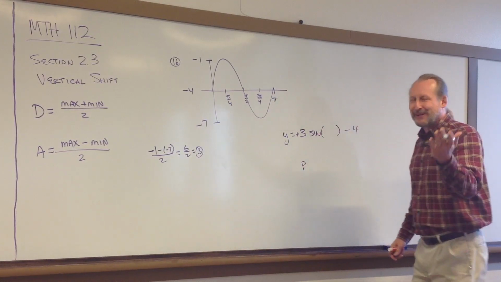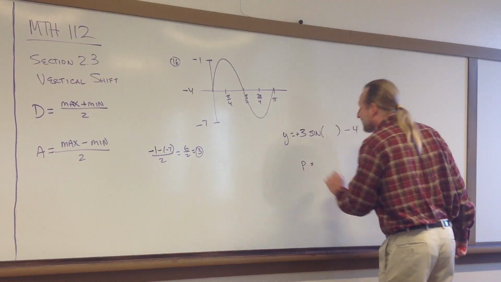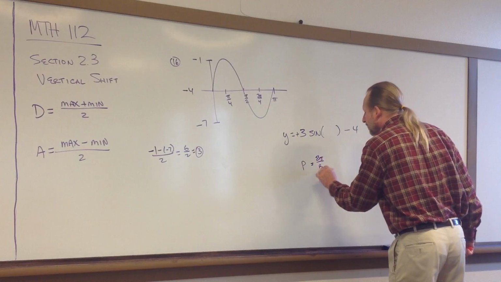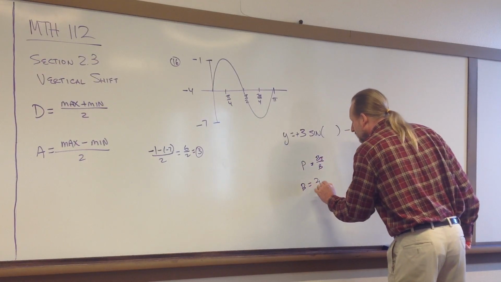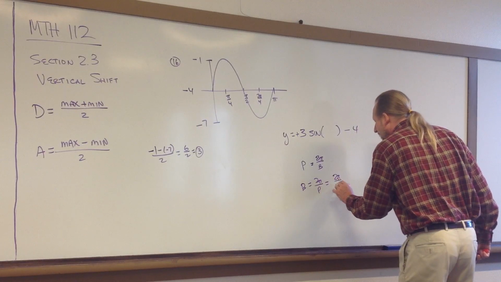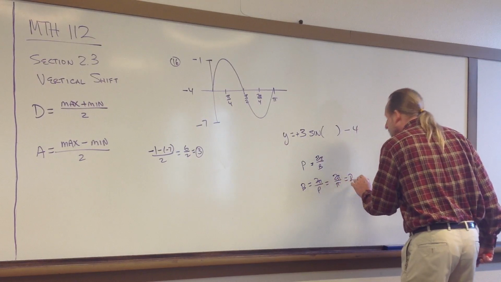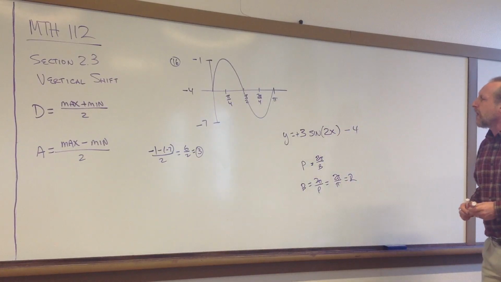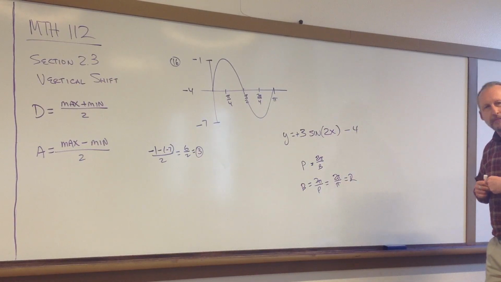Again, we can think about it intuitively, or we can use a formula. The period is 2 pi over B, so B is 2 pi over the period. In this case, the period is pi, and B is equal to 2. And there we go. There's our equation: y equals 3 sine of 2x minus 4.